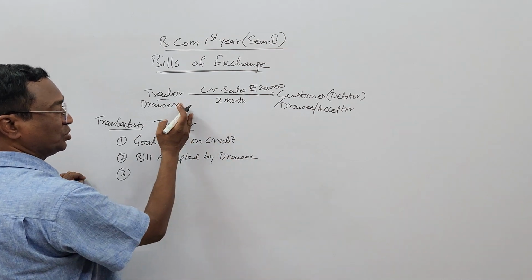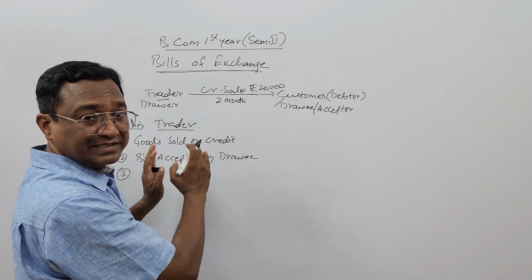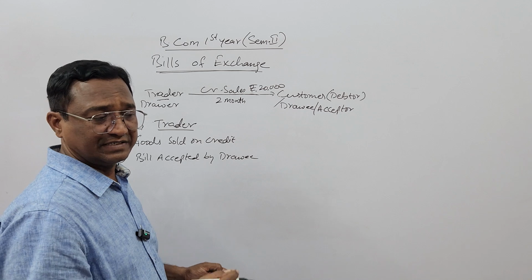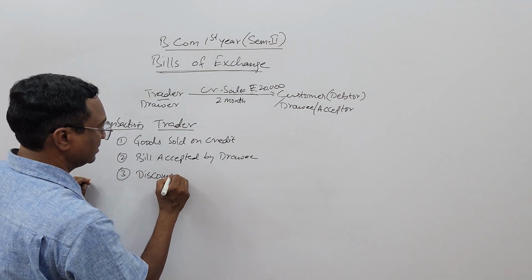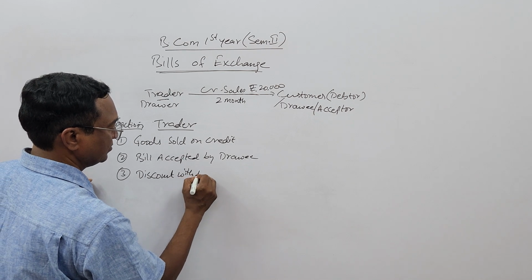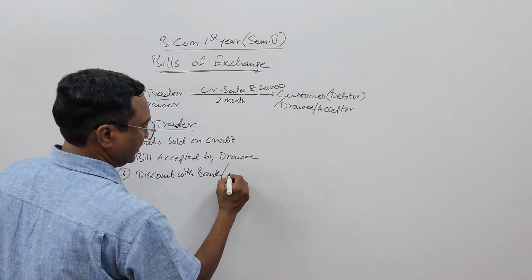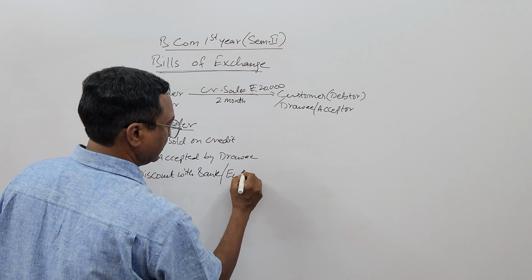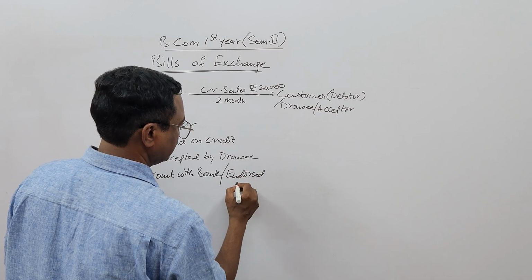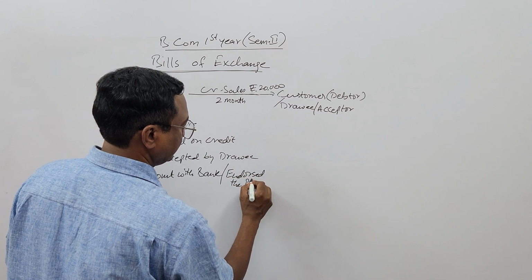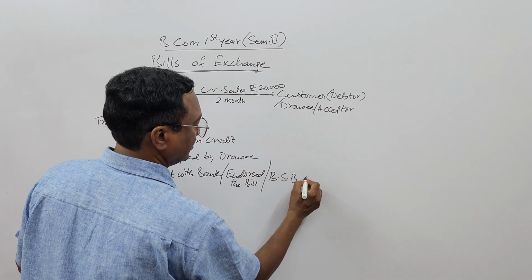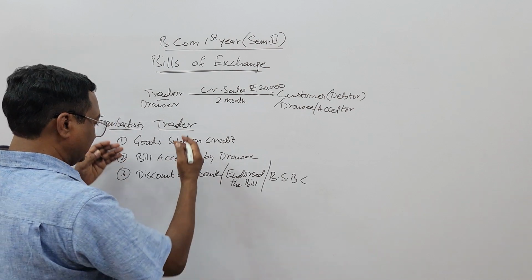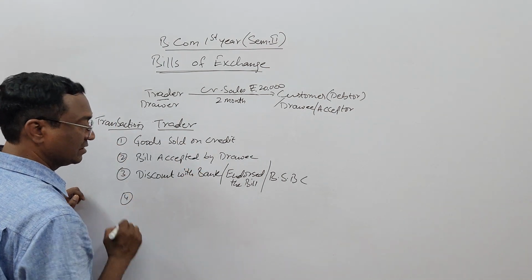Clear? After the trader receives the bill, what is he doing with this? Either he can discount it with the bank, or he can endorse the bill, or he can send the bill to the bank for collection. So this is the way, right?